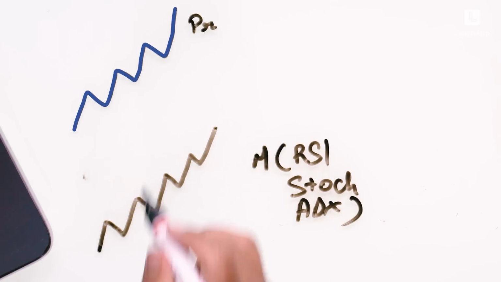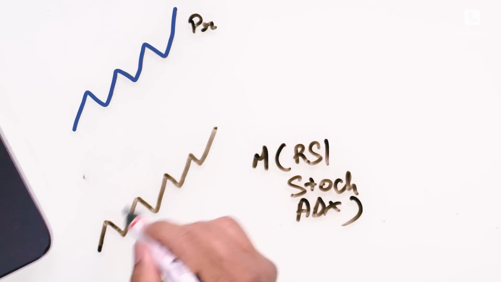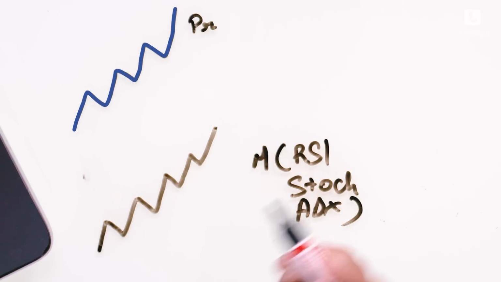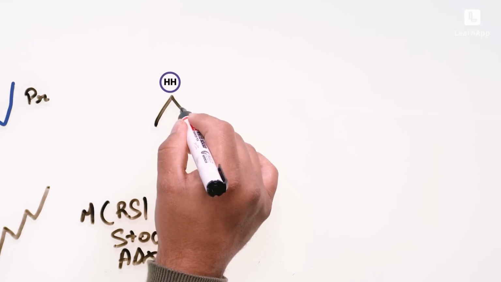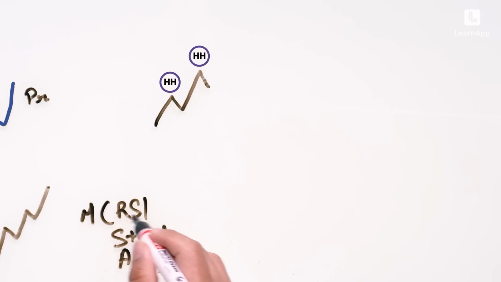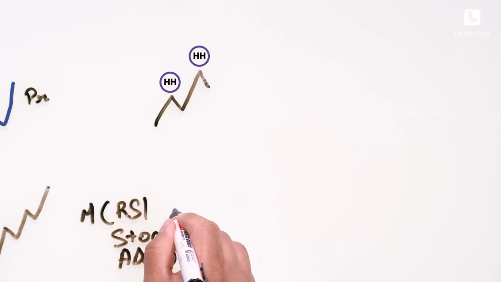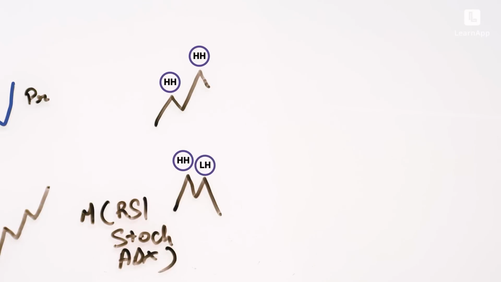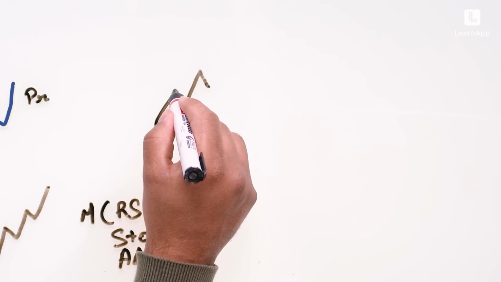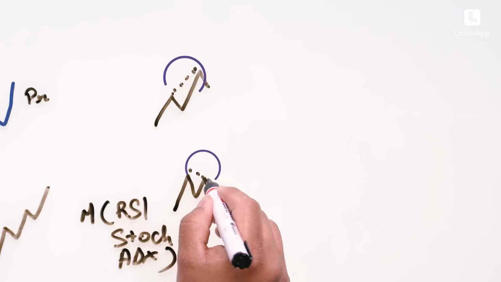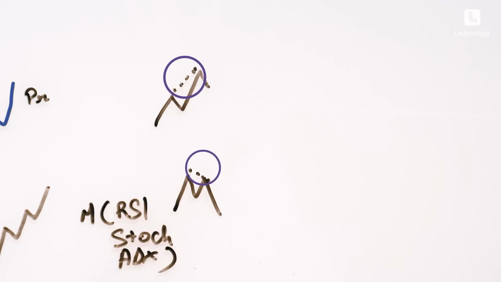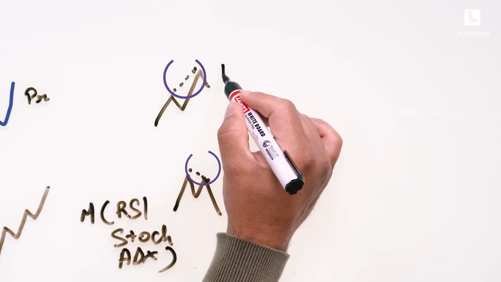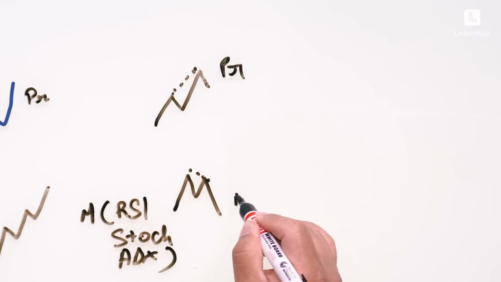All right. So what happens is, this is the normal movement. Sometimes what happens is the price makes a higher high, but the RSI or the momentum indicator fades. It doesn't make a higher high. So this difference is called divergence between the price and the momentum.